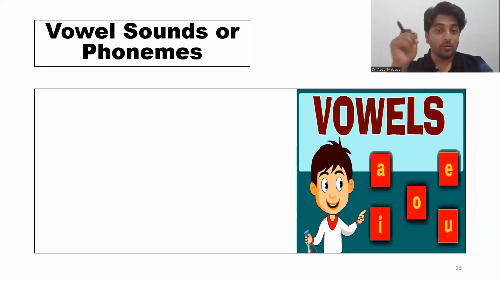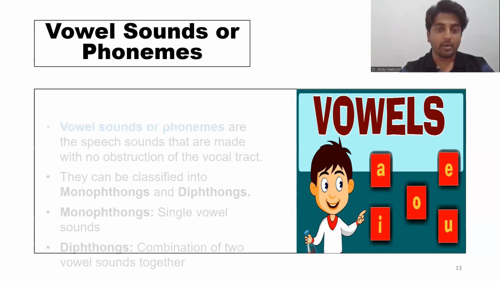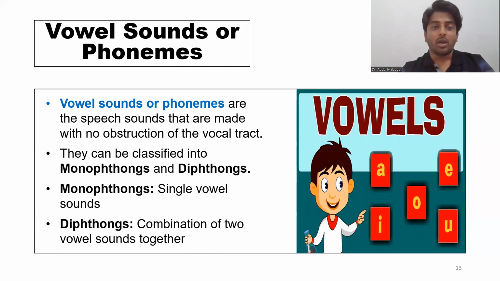Like this, one single vowel can produce more than one sound. So there are five vowels, but those five vowels can produce many sounds.